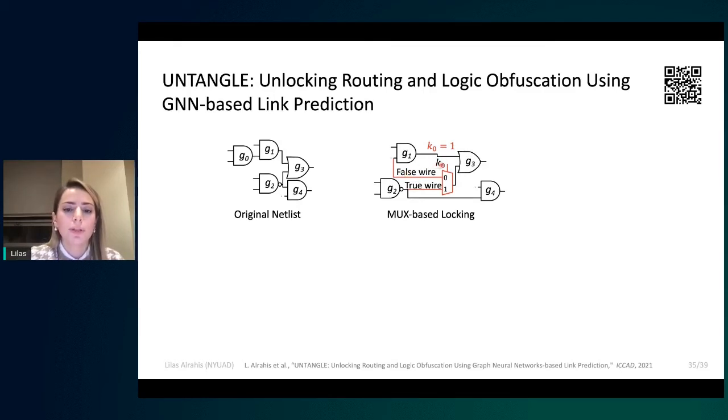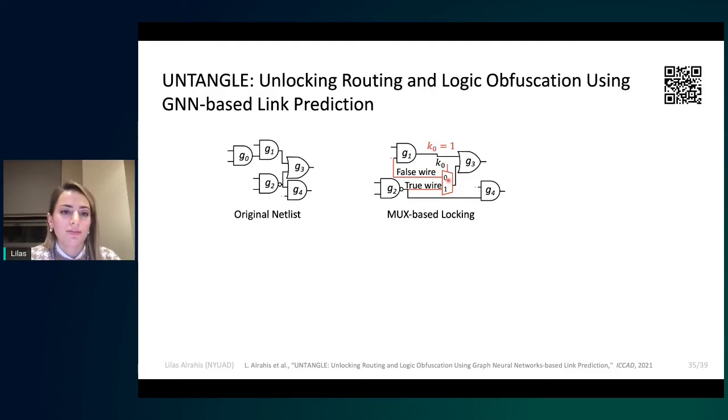The key input now acts as the select line for this MUX. Upon applying the correct key, the true connection passes to the output of the MUX, maintaining the original functionality of the design. So there's no key leakage, because the MUX itself does not capture information about the key. The true wire could be connected to the second or to the first input of the MUX.